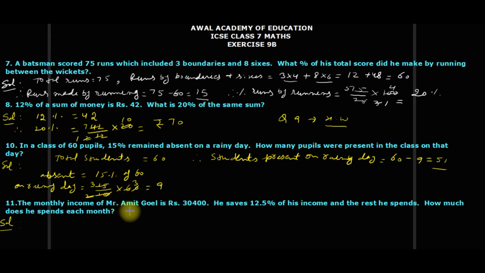The monthly income of Mr. Amit Goyal is this much, 30,400. He saves 12.5% of his income, the rest he spends. How much does he spend each month? Monthly income is this, he saves this, the rest he spends.